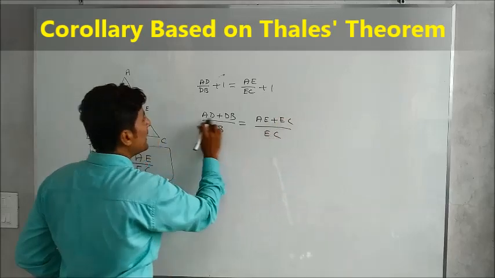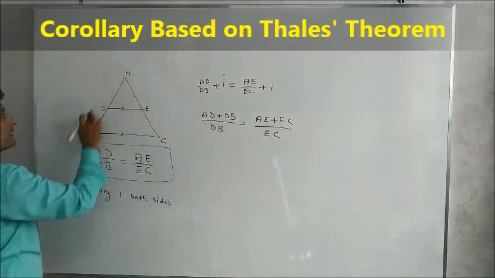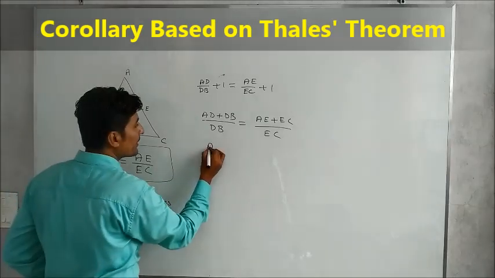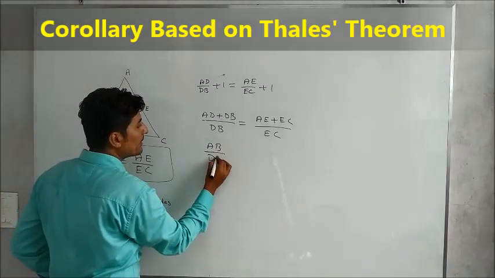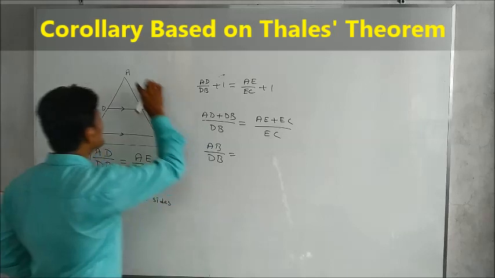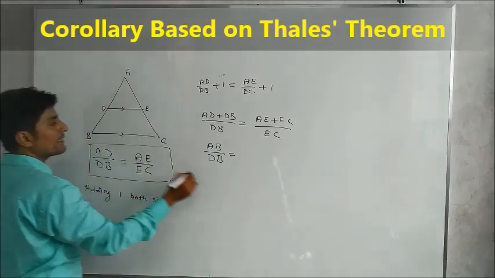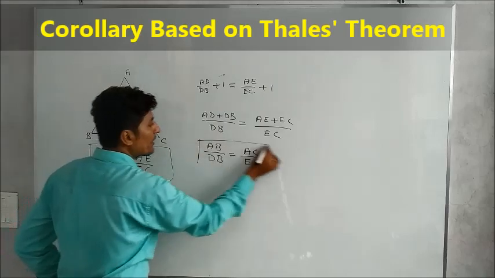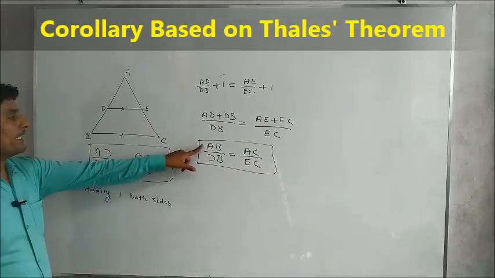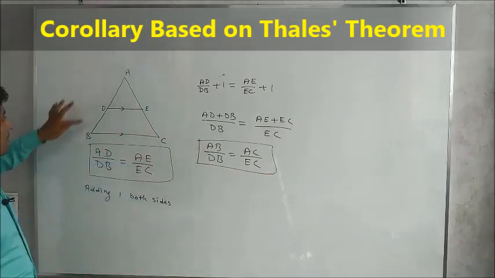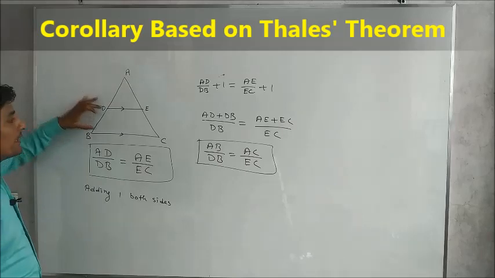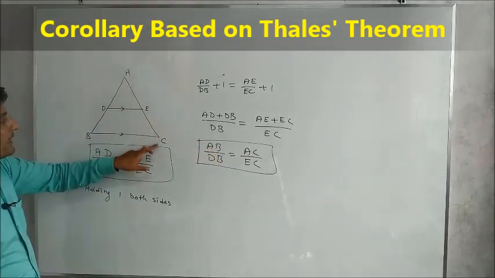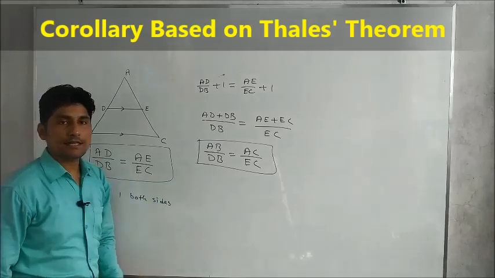AD plus DB can be written as AB, and AE plus EC can be written as AC. So we get the second conclusion: AB upon DB is equal to AC upon EC. This is the second one.